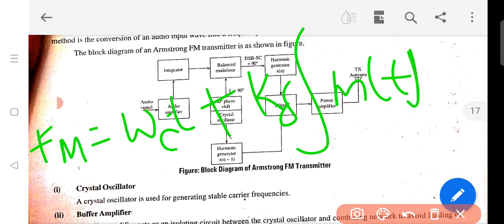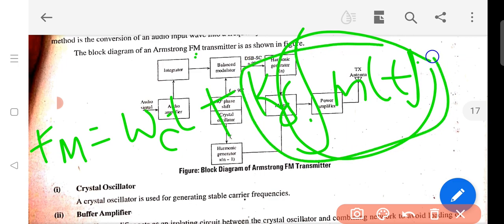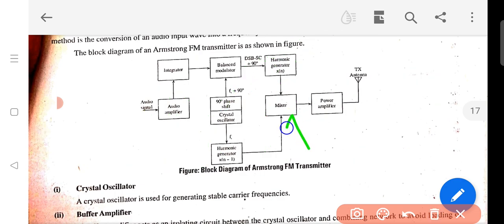This is the standard derivation of the FM signal. The integral of the message signal is present here, that is this part, plus the purely carrier signal. That's why for this purpose the direct carrier is added in the combining network.